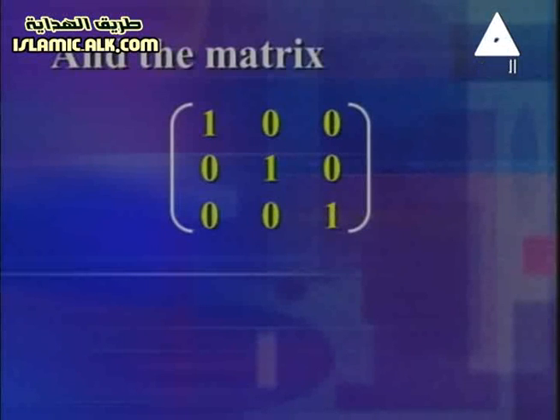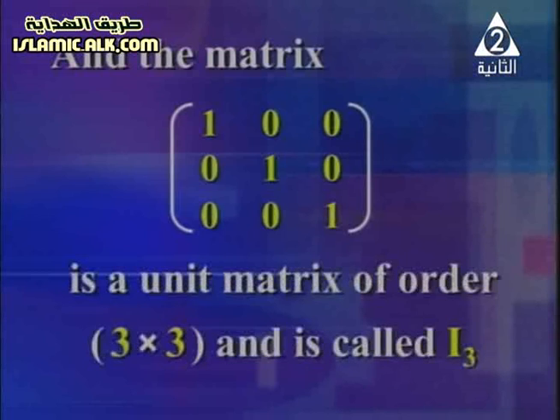The matrix 1 0 0, 0 1 0, 0 0 1 is also a unit matrix, of order 3 times 3. It is called I3.